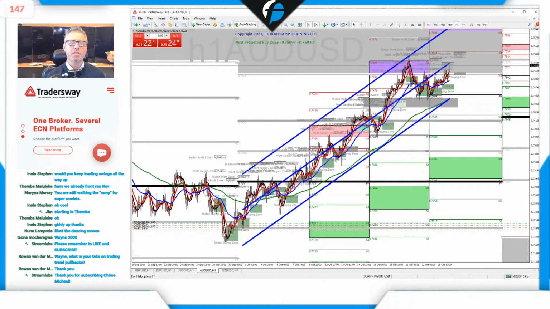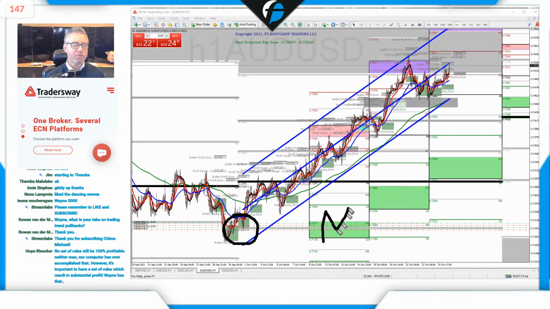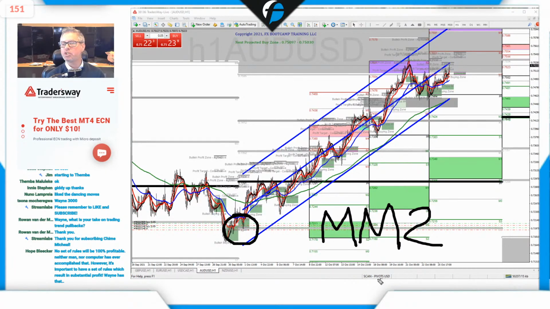So I bought this on the first day of October at monthly M2. What was my projected target when I bought this? Remember, I'm binary. I don't think, well, maybe it can go. No. What was my target?